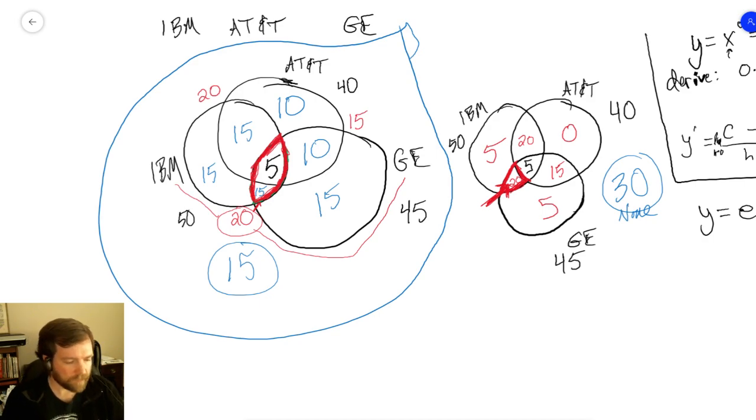Yep. Yeah, the group that was outside of everything entirely. Yep, because all the inside stuff adds up to 85.